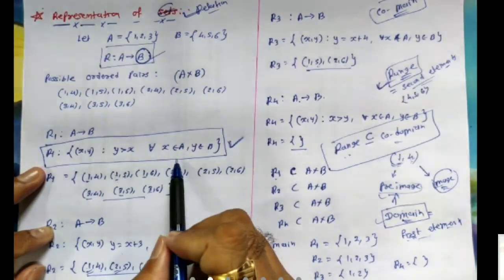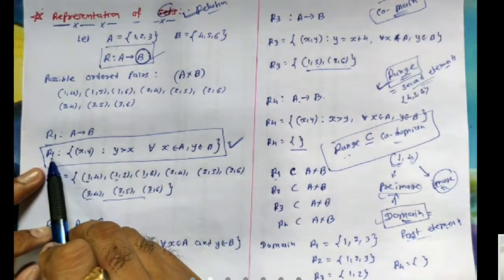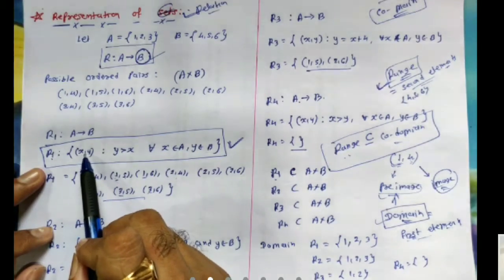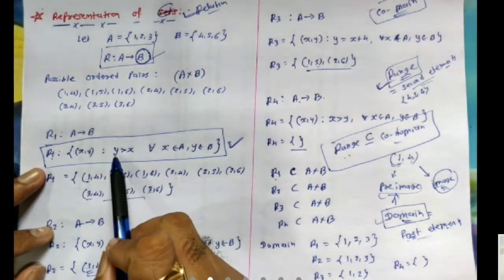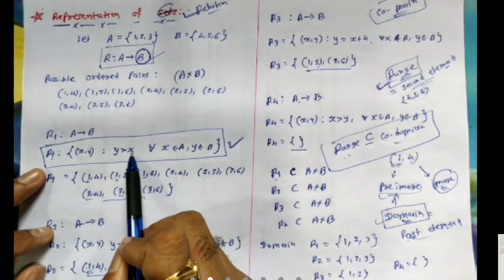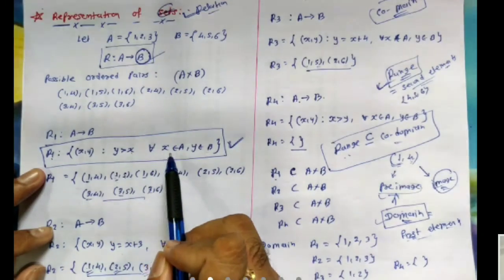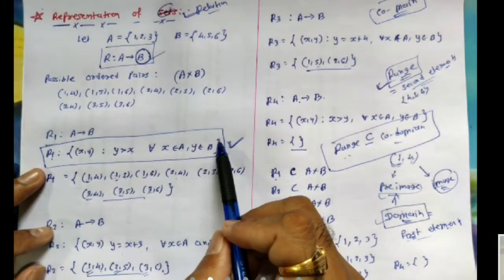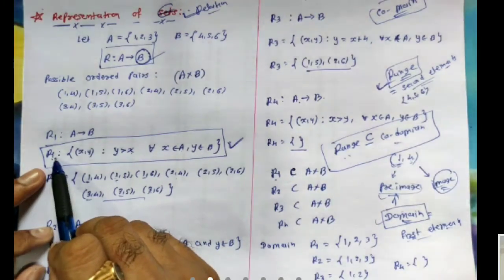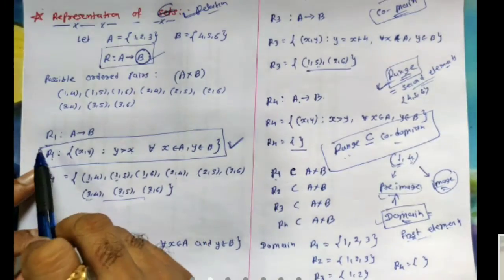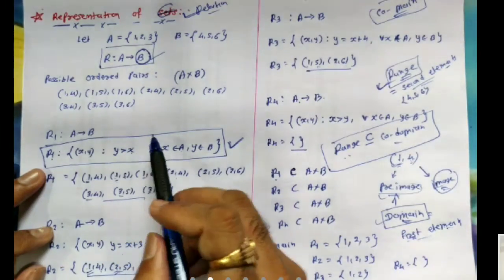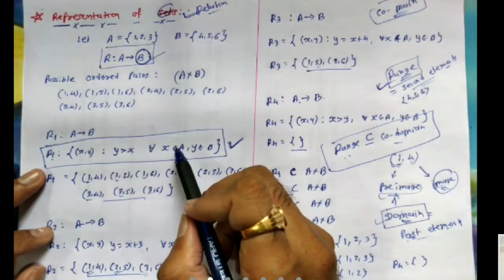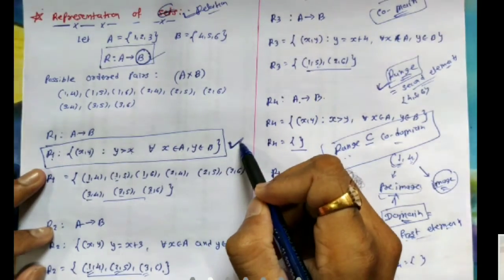Relation R1 is the set of ordered pairs (x, y) such that the second element is greater than the first element, with the first element belonging to set A and the second element belonging to set B. We are writing the property of relation R1, and whenever we write the property, it is the set builder form of the relation.